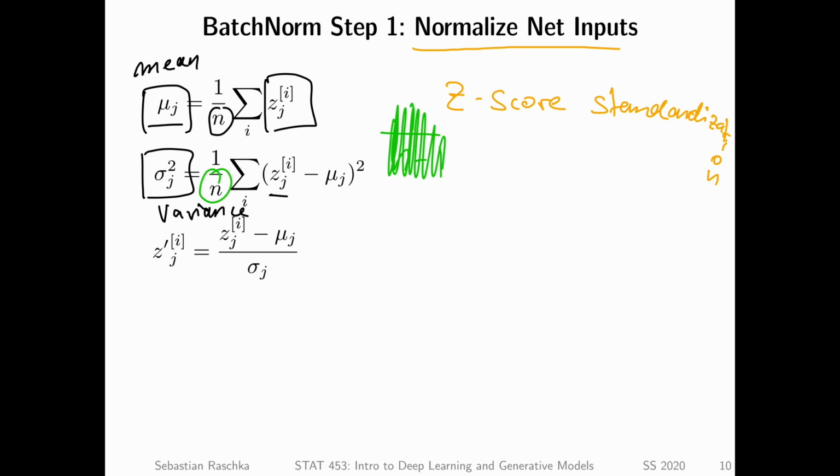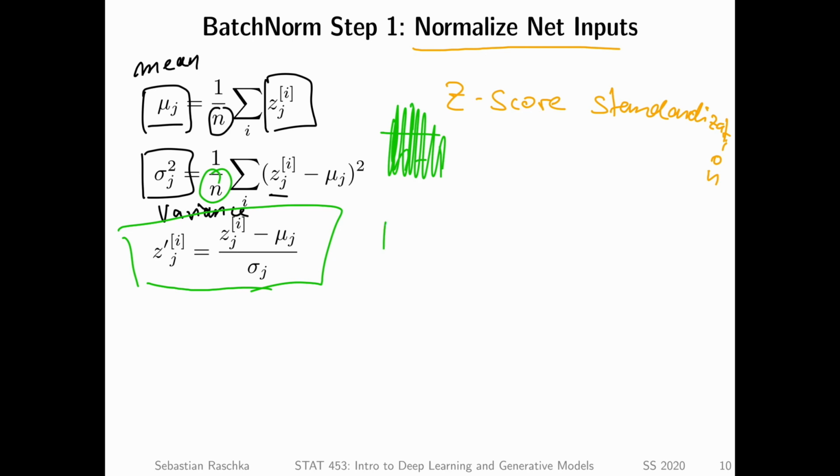So in that way, it doesn't really matter because it's really more about mean centering and learning a normalization scheme rather than having something that is, let's say, correct in the context of statistics. Okay, where was I? Yeah, we compute the mean, the variance, and then we standardize our net inputs.